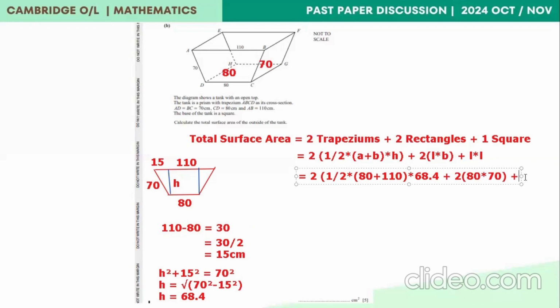Also, area of square formula, that's going to be 80 into 80. So now if we put this whole expression into the calculator, using the brackets properly, we'll get the answer as 30,596. If we write it for 3 significant figures, that would be 30,600 centimeter square. So this is the final answer, correct to 3 significant figures.